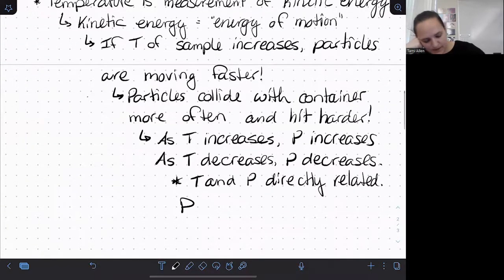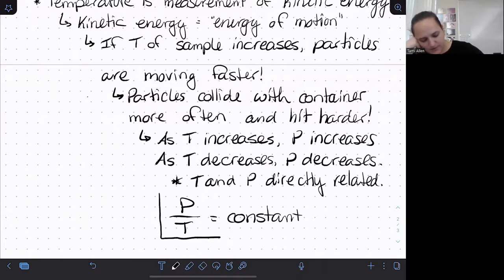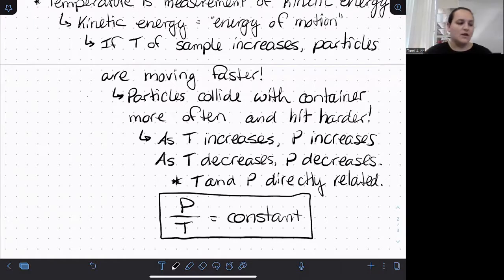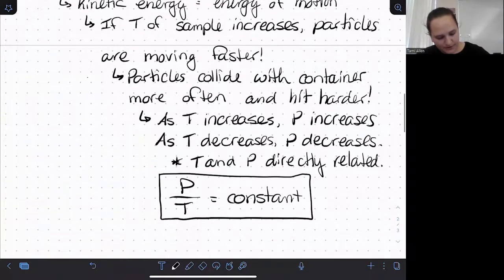So mathematically, we can think that P over T or T over P, either way, same effect, is going to be equal to a constant. So one other thing to keep in mind with temperature is that we know there are multiple different temperature scales.